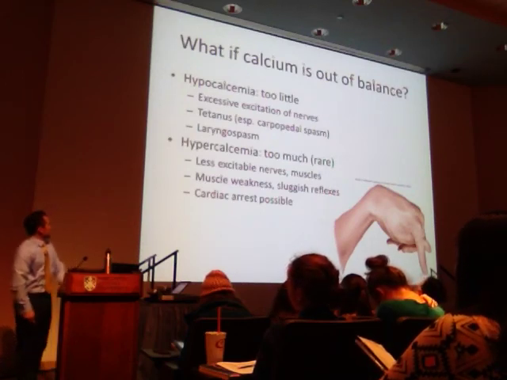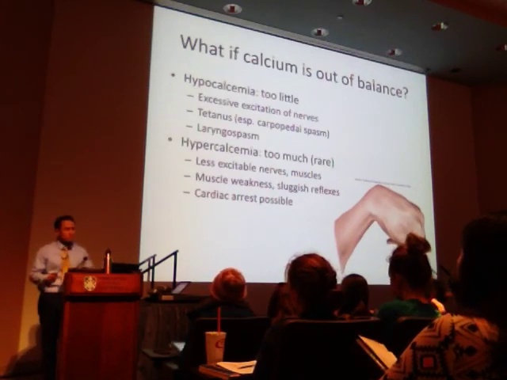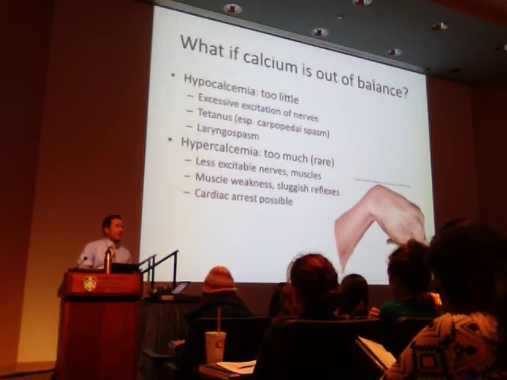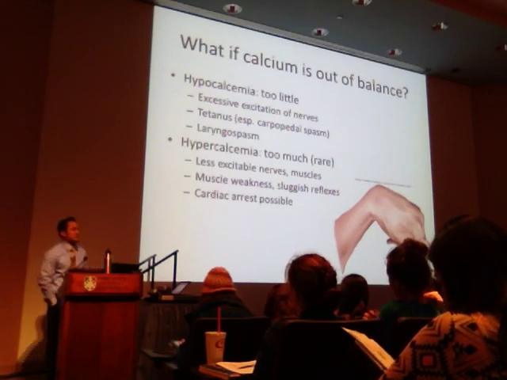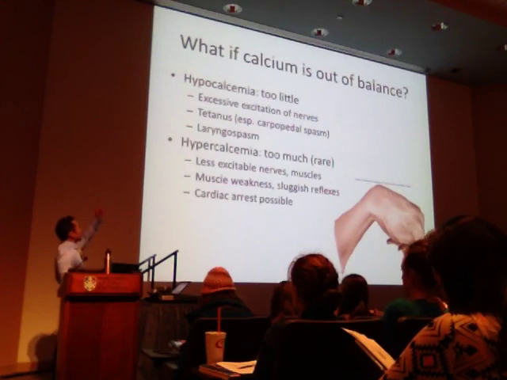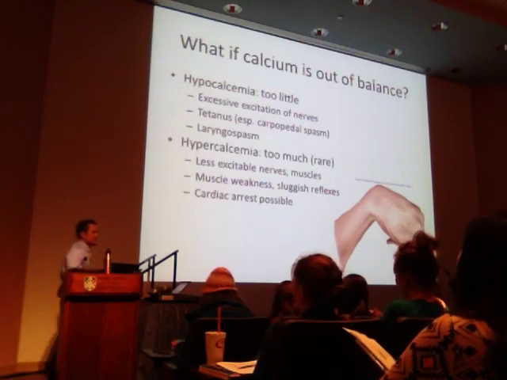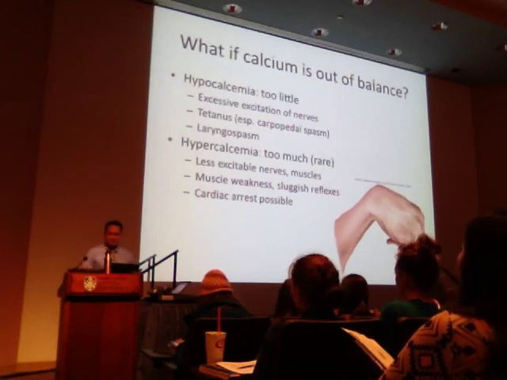Okay? So why do we care? Well, here's why we care. You have some very impactful sequela. That's a fancy word that means clinical result. If you have too little, hypocalcemia, you get excessive excitation of nerves.